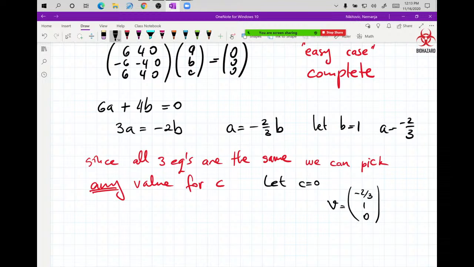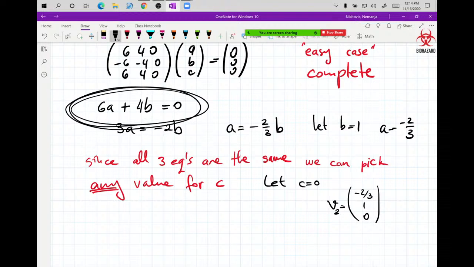So if we label this as a vector 2, there is also another vector that you can pick, which is literally anything as long as A and B are zeros, which is from the trivial case, because now C doesn't have to be a 0. C could be anything else, because A and B could be zeros as well. You see, we did not want a zero solution here to say A equals 0, B equals 0, because that would give a 0, 0, 0 solution, which we didn't like.